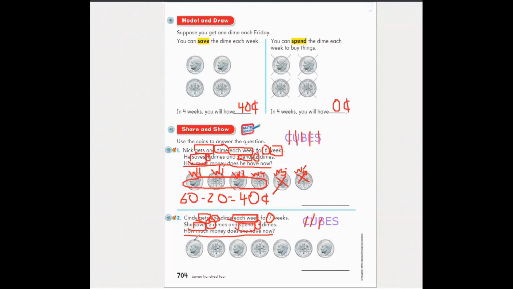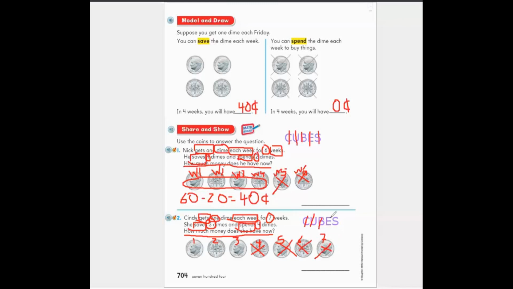So this is week 1, week 2, week 3, week 4, week 5, week 6, and week 7. Out of these 7 weeks, she saved 3. 1, 2, 3. And she spent 4 dimes. So she spent this one, she spent 2, she spent 3, she spent 4 dimes.